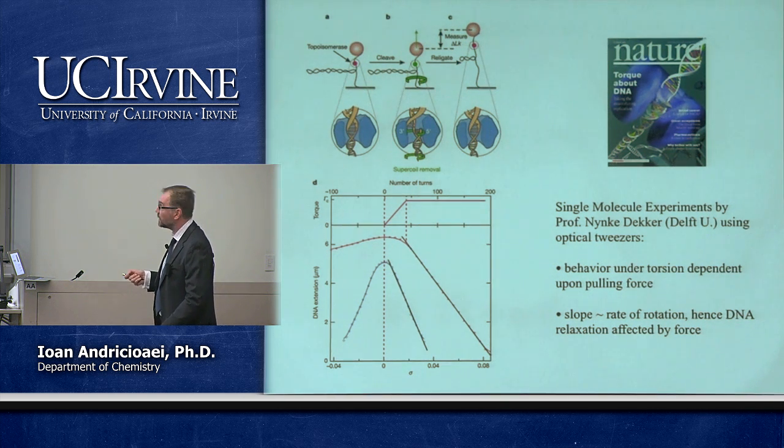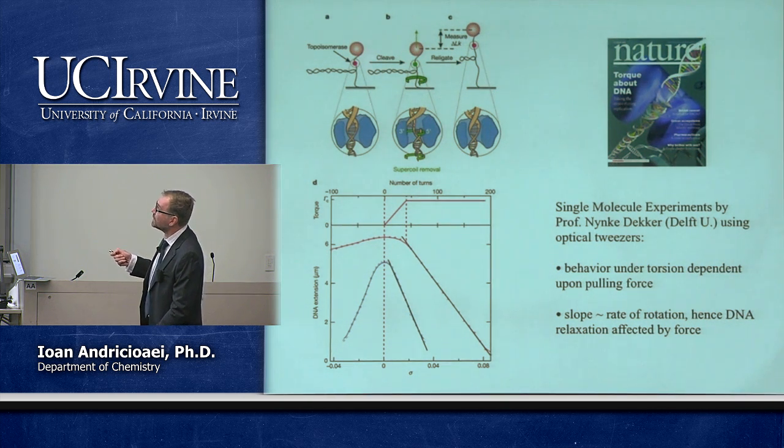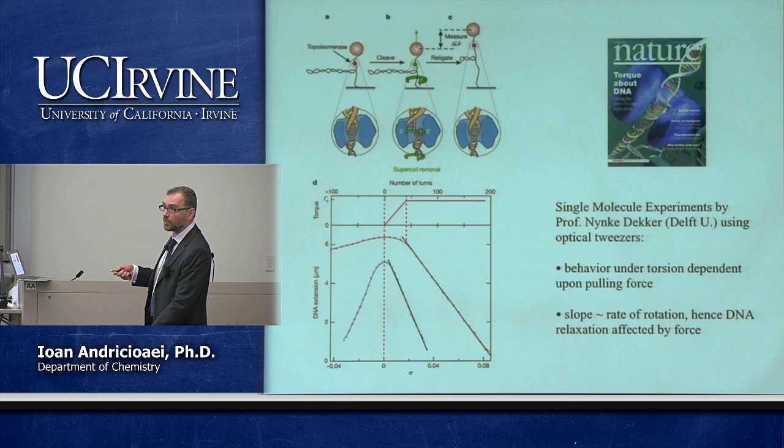What Ninke did was to attach magnetic beads at the end of the DNA and actually, just like in my example, supercoil the telephone cord. Well, here it is to supercoil the DNA double strand. So twisting the magnet around, she was able to twist the bead, which in turn produced supercoils. And then the enzymes were released, and one at a time, the enzyme removed one supercoil after another.